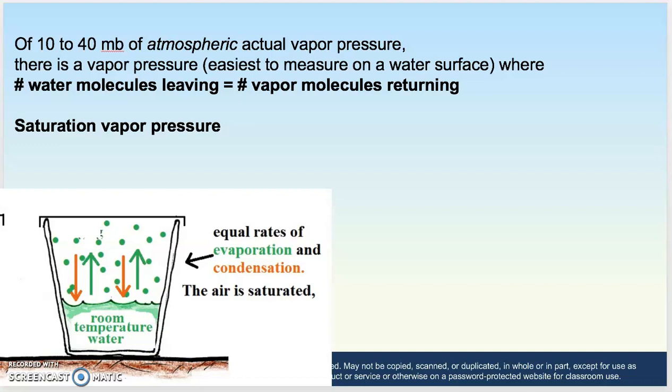There's a vapor pressure on a water surface where the number of molecules leaving equals the number of molecules returning at equilibrium. There is an equilibrium vapor pressure at a water surface where the phases are changing between water and vapor.